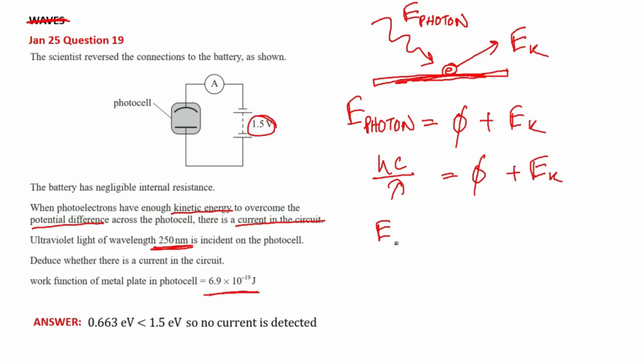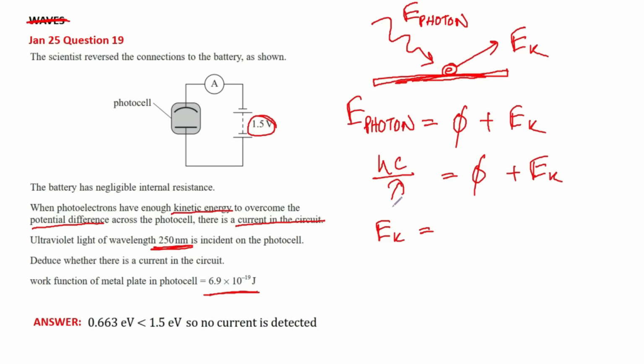Now, make kinetic energy the subject of the equation. Plug in the values. The value of h is 6.63 times 10 to the power minus 34. c is 3 times 10 to the power 8, divided by lambda, which is given in nanometer. Of course, you have to convert this to meter and subtract the phi from this value, and tell me what you get.